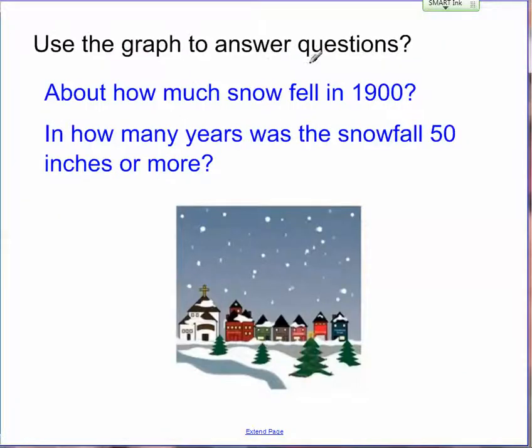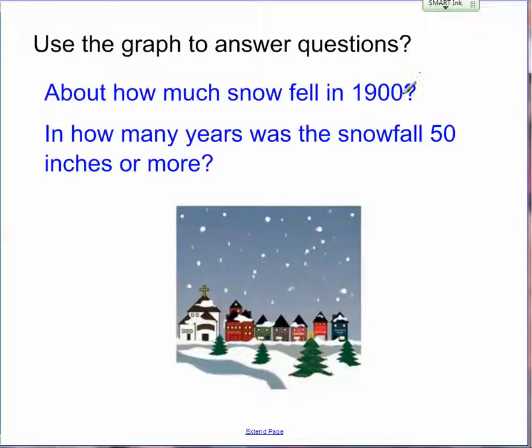Then we used the graph to answer some questions about how much snow fell in 1900. If you look in your book, take 1900 on the x-axis, find that year, and go up to where you see that point. I had you use your ruler, holding it out to the left and reading the number where it crosses the vertical y-axis.